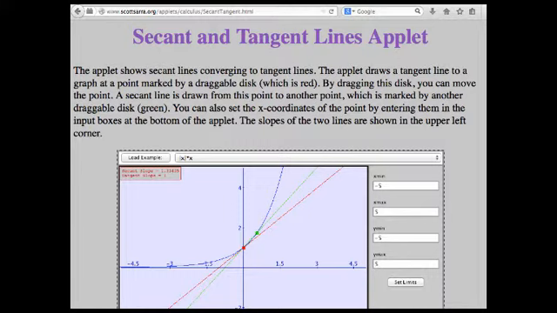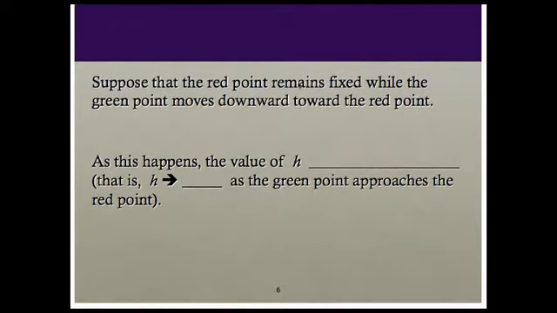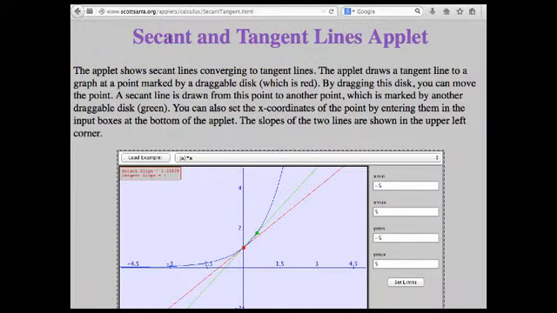So what we can say is, as the red point remains fixed and we move the green point down towards the red point, the value of h is decreasing, and specifically it's approaching 0, because if eventually that green point were to lie right on top of the red point, right there, h is essentially 0. There is no horizontal distance between the two points because they are lying right on top of each other. They coincide.